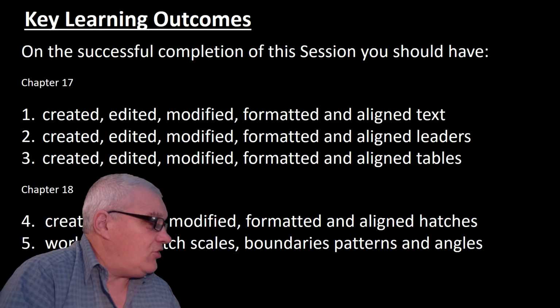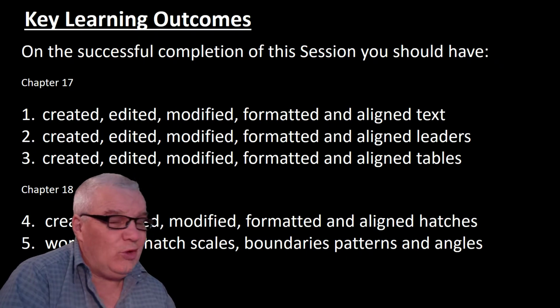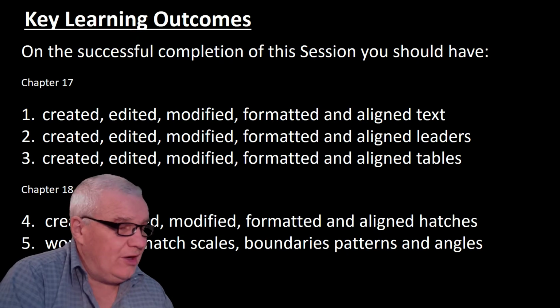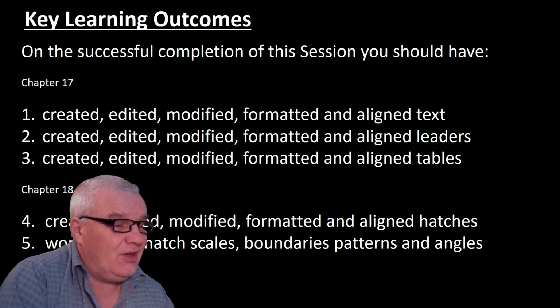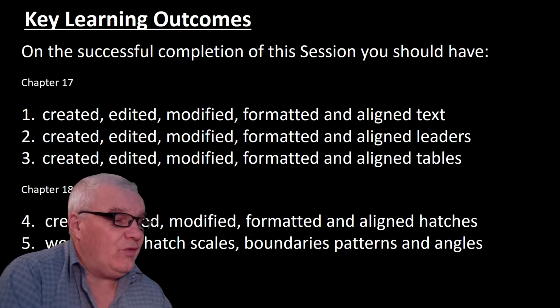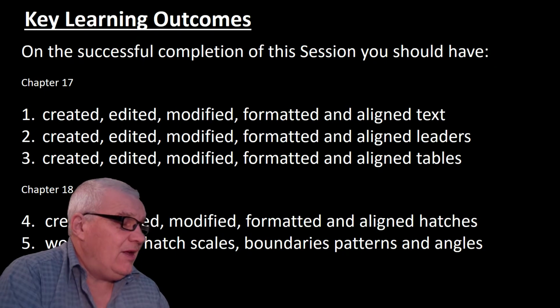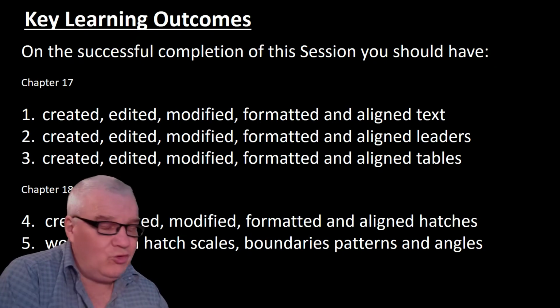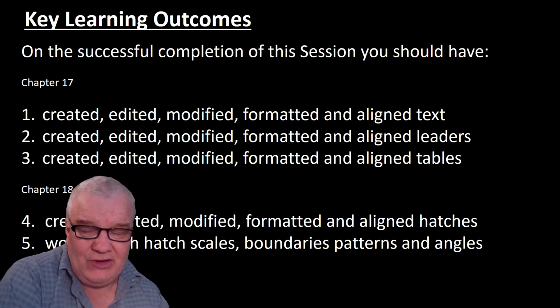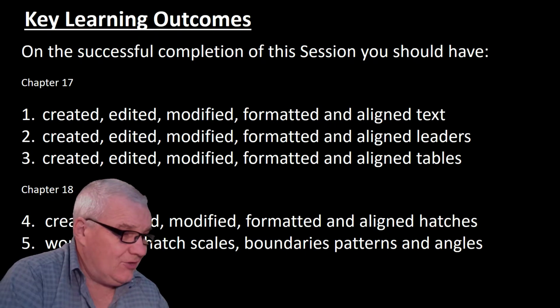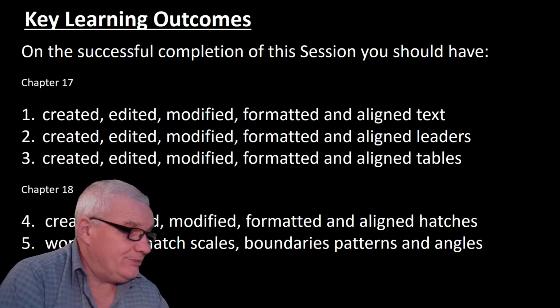I'd almost say the same with texts and dimensions as well. Try and put them in separate layers, to avoid all sorts of conflicts and things that can occur and ultimately can lead to corruption of plans and the loss of data, and yes, some very upset people.